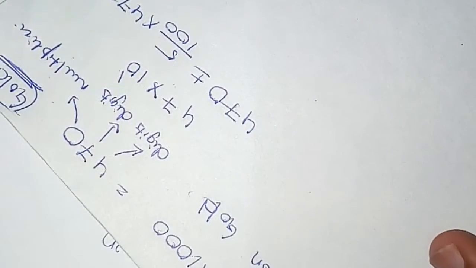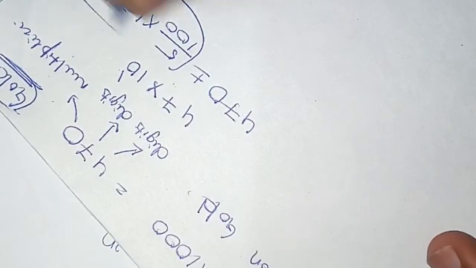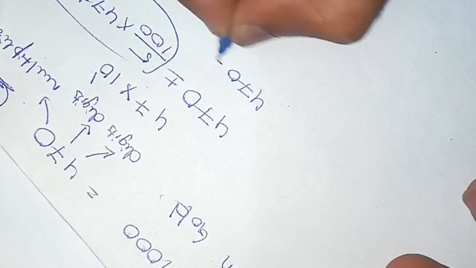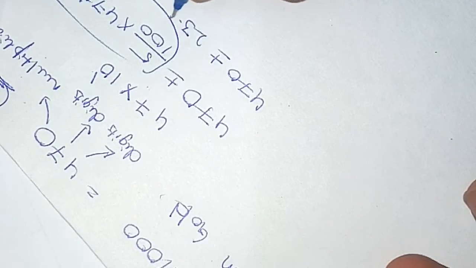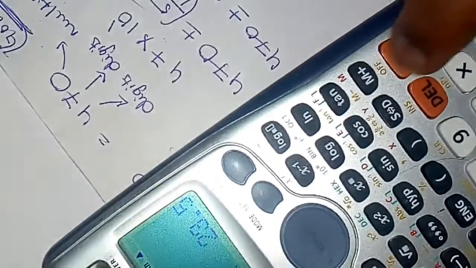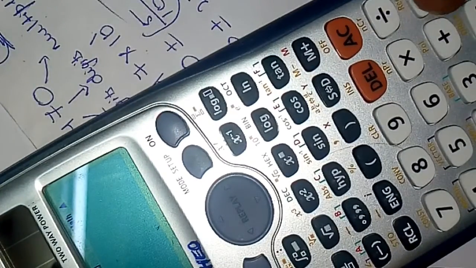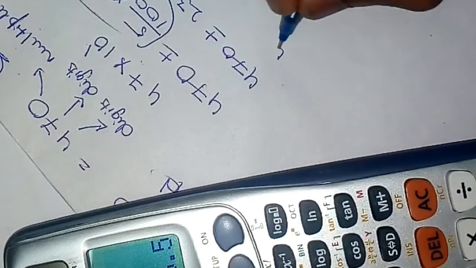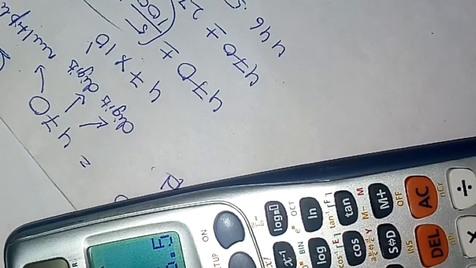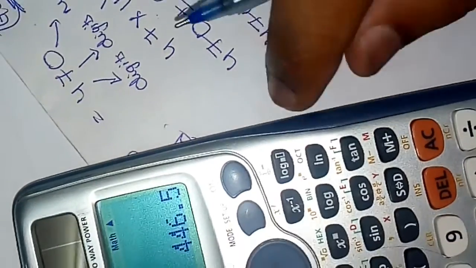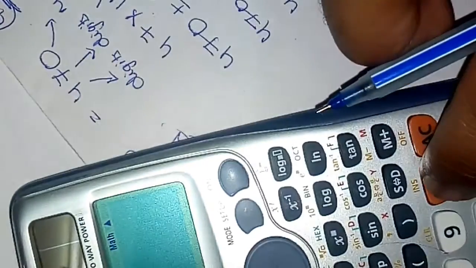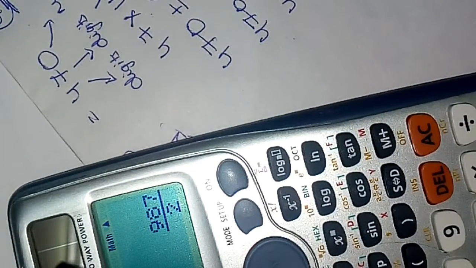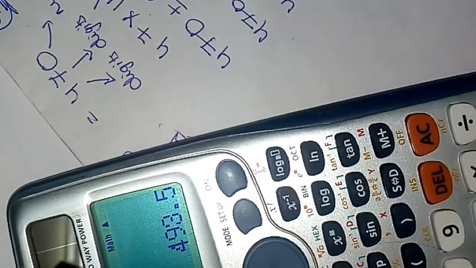So 470 plus or minus 23.5. So 470 minus 23.5 gives us 446.5. It's the minimum value, and the maximum value is 493.5. This is the range of 4.7 kilo ohm.